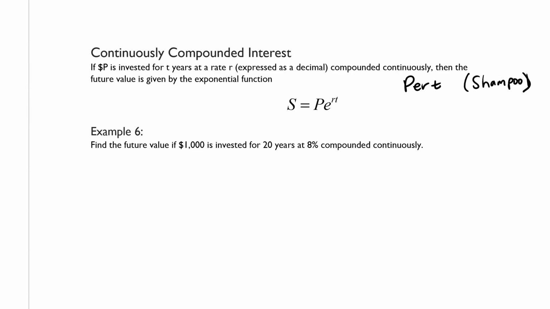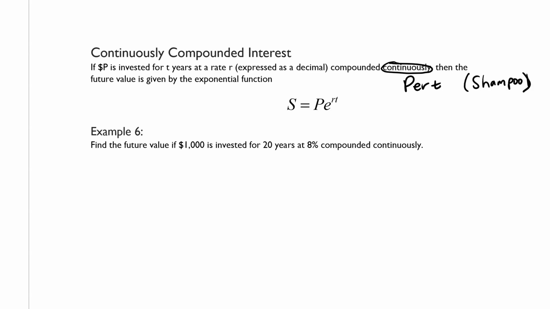Continuously compounded interest means that you are gaining interest all the time or continuously, even in the shower when you are using shampoo. So that's how I remember which formula goes with which scenario, because continuously compounded interest means you're getting interest all the time, even when you're in the shower using your PERT shampoo.